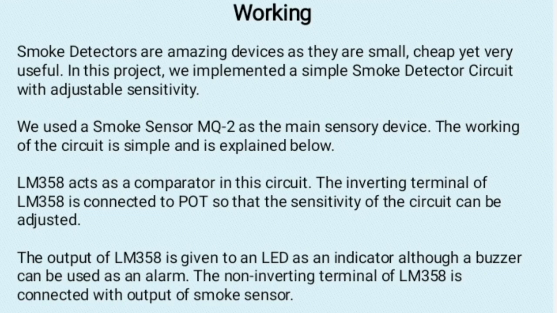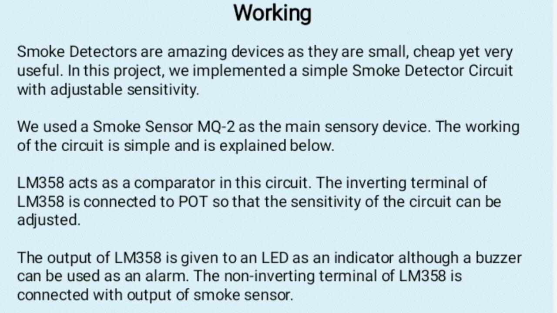LM358 acts as a comparator in this circuit. The inverting terminal of LM358 is connected to the pot so that the sensitivity of the circuit can be adjusted. The output of LM358 is given to an LED as an indicator, although a buzzer can be used as an alarm.